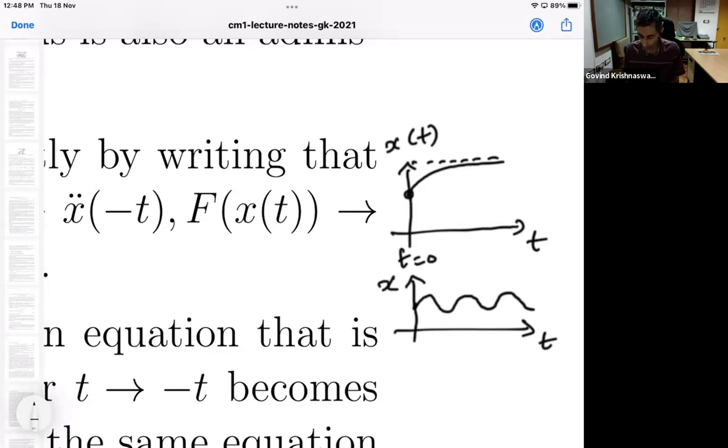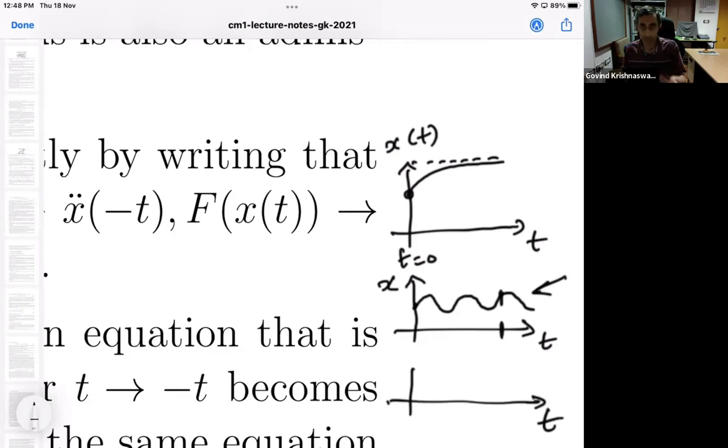Now let us see what we mean by a movie of this solution played backwards in time. What we mean is we start here somewhere at some time. See, t equal to 0 is not that important. You're free to start at some other time. So you start here and play the movie backward. What will you see?